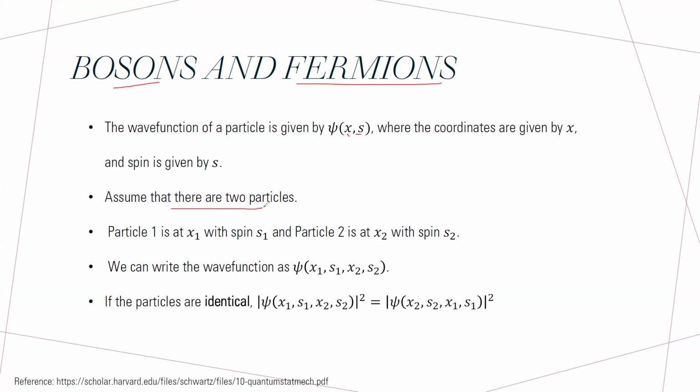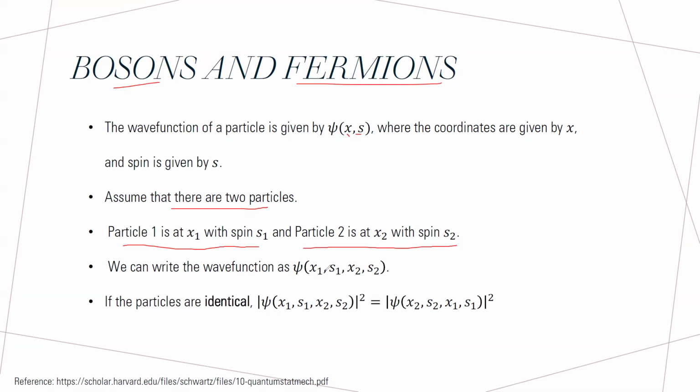Let's assume there are two particles. Particle 1 is at x1 and it has spin s1, and particle 2 is at x2 with spin s2. So the wave function psi is a function of x1 s1 and x2 s2.